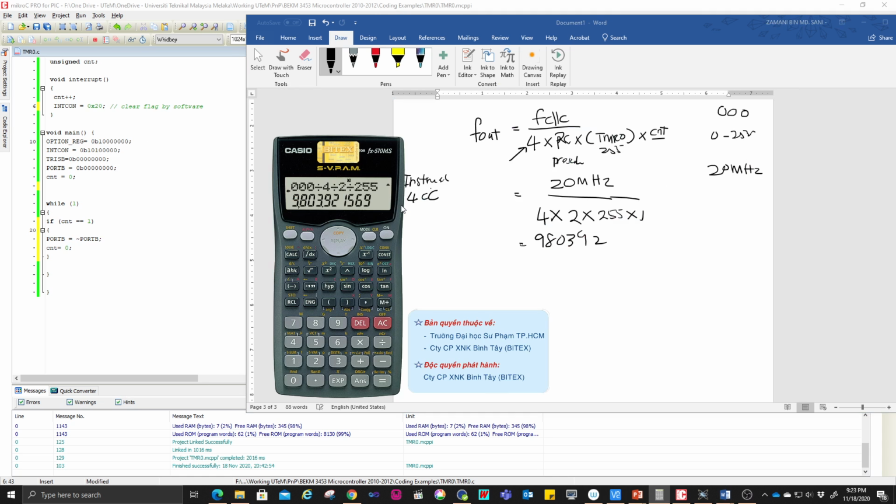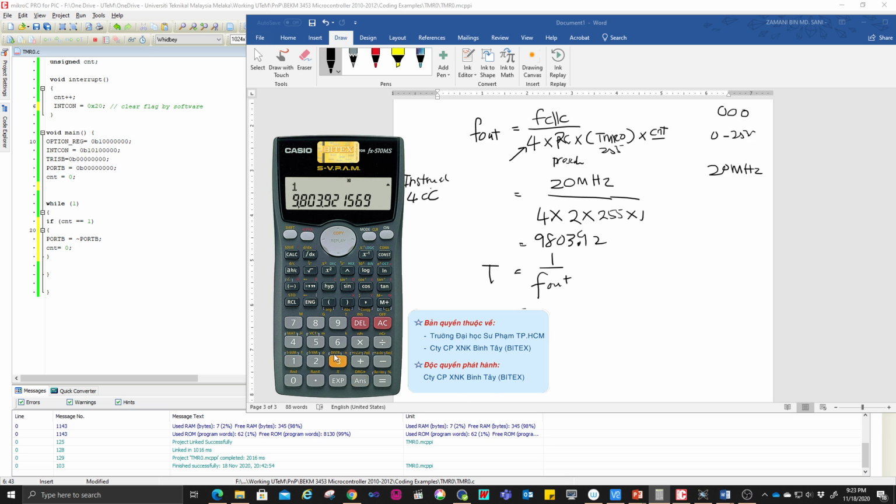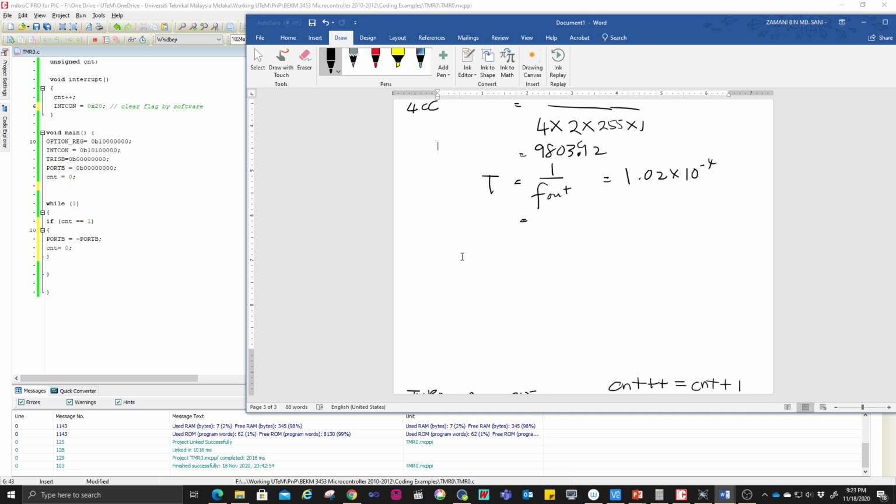So this is the frequency, right? So T is equivalent to 1 over F out. So you go back to your calculator, 1 divide by the answer just now, and you can get that this is around 1.02 times 10 to the negative 4. So now I can say that each one count over here.